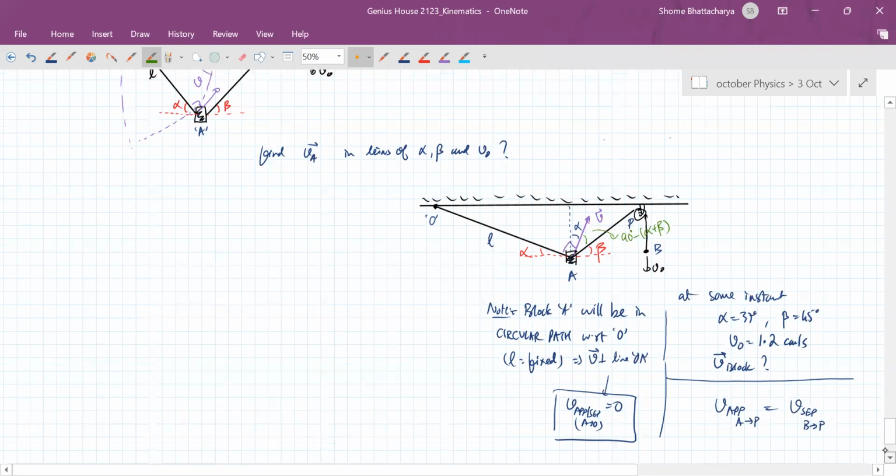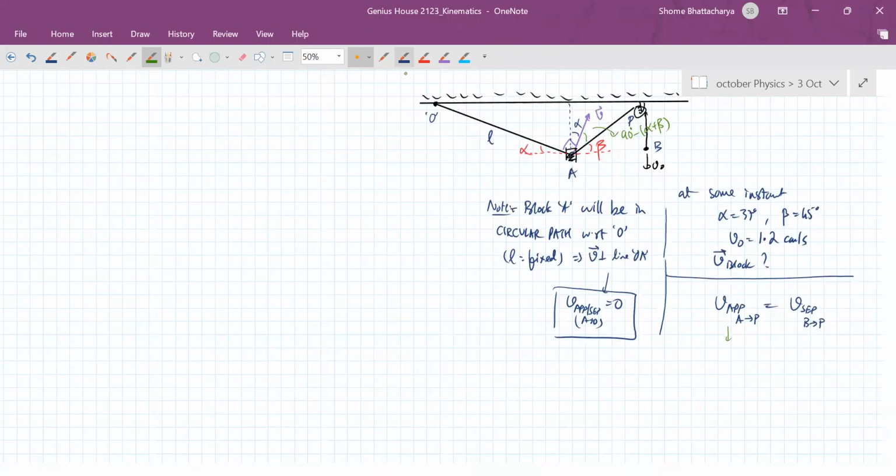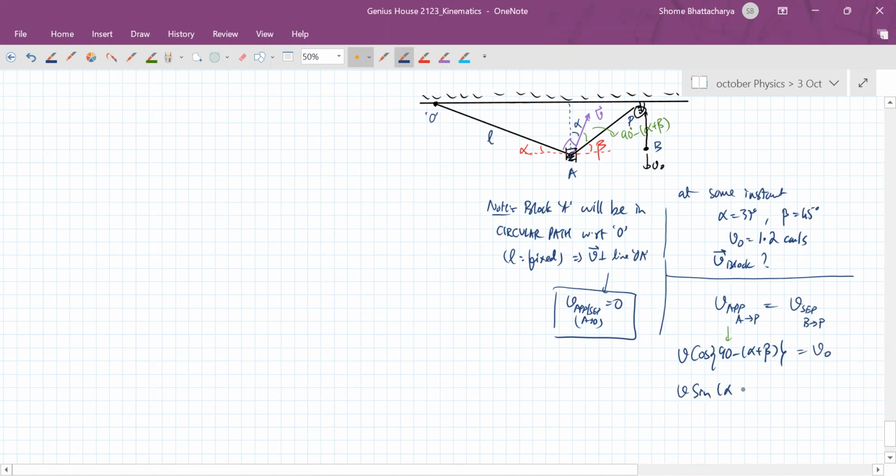So when you write this, yes, very good, Abhinav, that's correct. The approach velocity of A towards P will become V cos of (90 minus (alpha plus beta)). That will become sine of (alpha plus beta), which should be equal to the separation velocity. So V sine(alpha plus beta) should be equal to V naught.